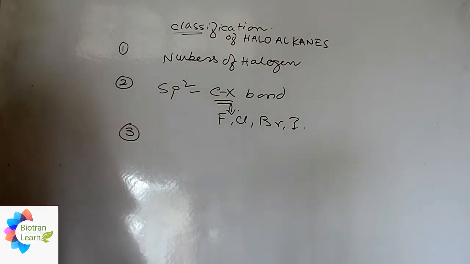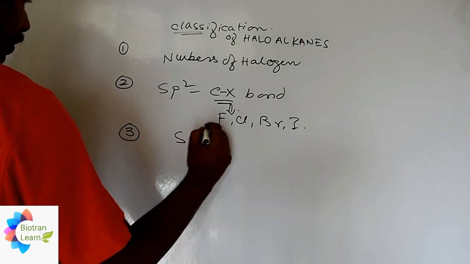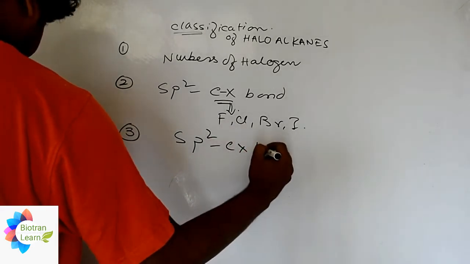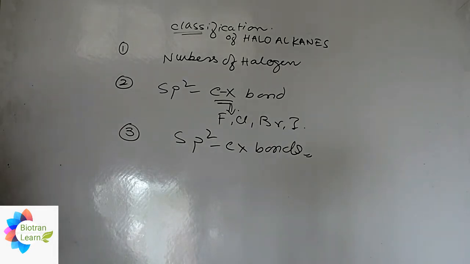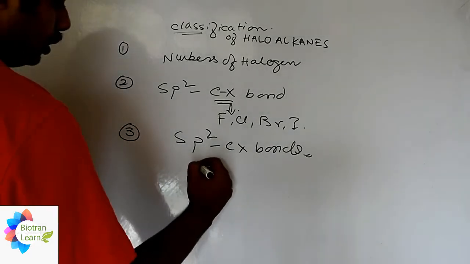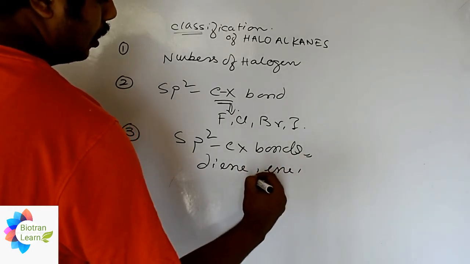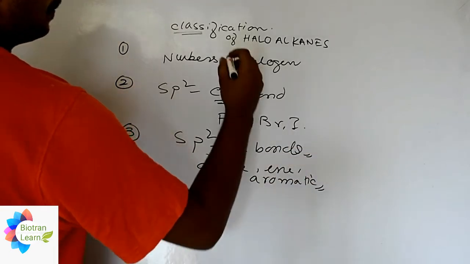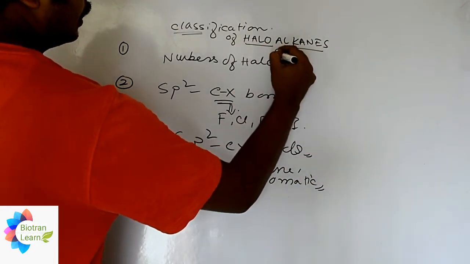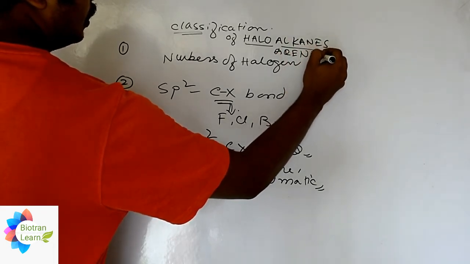And in number 3, we will have sp2 C-X bonds in case of the aromatic compounds, diene or ene compounds. Okay, so then the haloalkanes and haloarenes we will be discussing today.